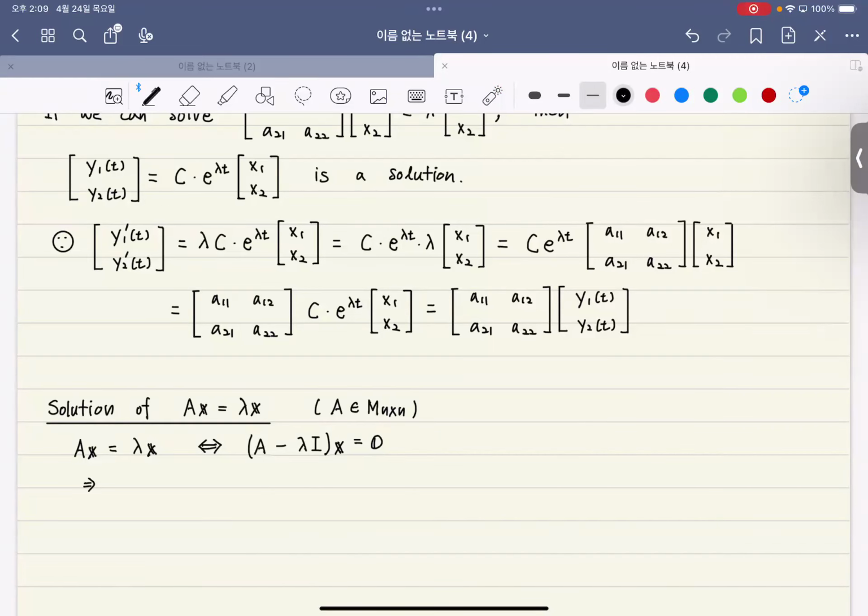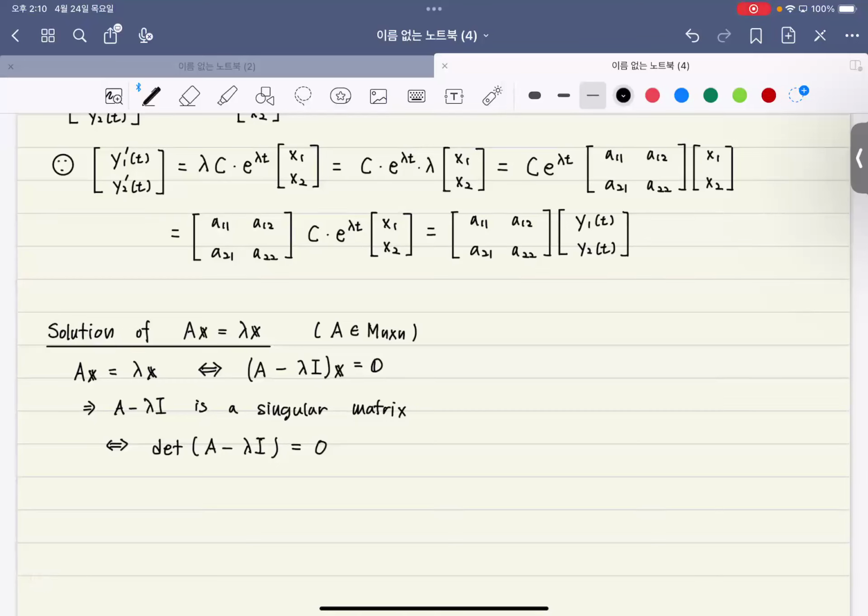So A minus lambda I is a singular matrix, and this is if and only if the determinant of A minus lambda I is 0.